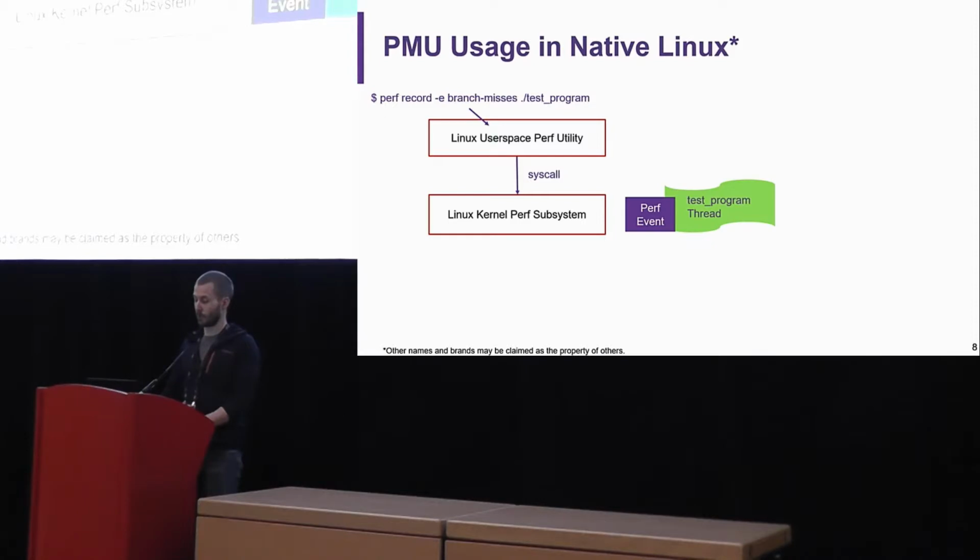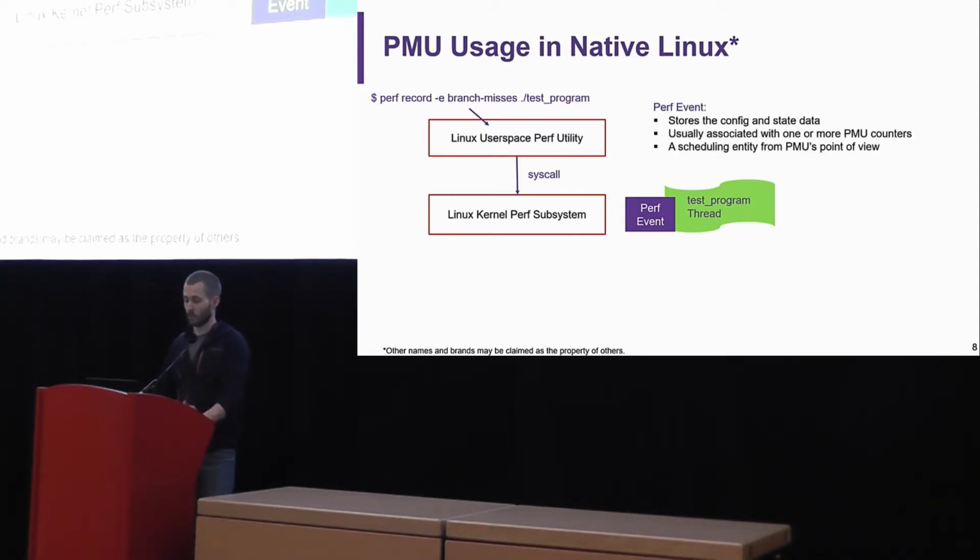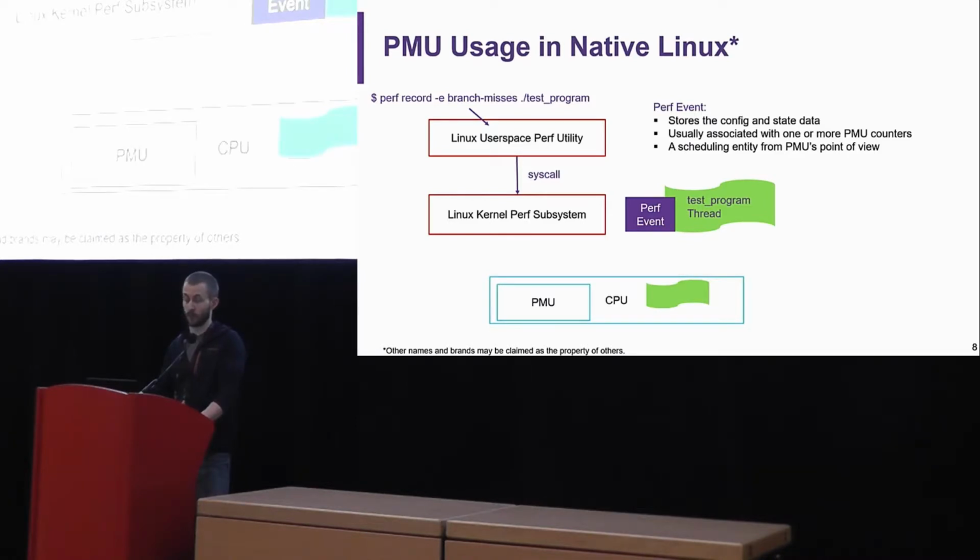And probably the most important part for this discussion is that a perf event is a schedulable entity. And so this means that when you're scheduling that task onto a physical or logical CPU, the perf subsystem is also going to run its own scheduling.